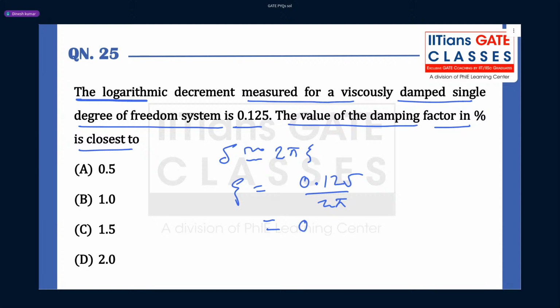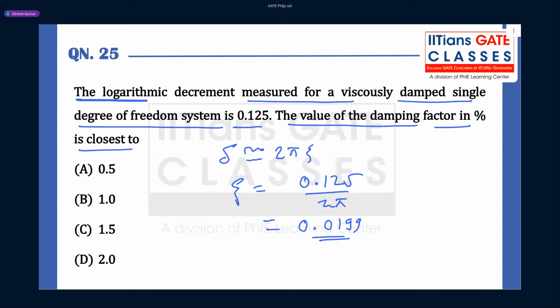It will be 0.199 approximately, right? Not 1.99. Approximately 0.0199. Am I correct? Is this value correct or not?